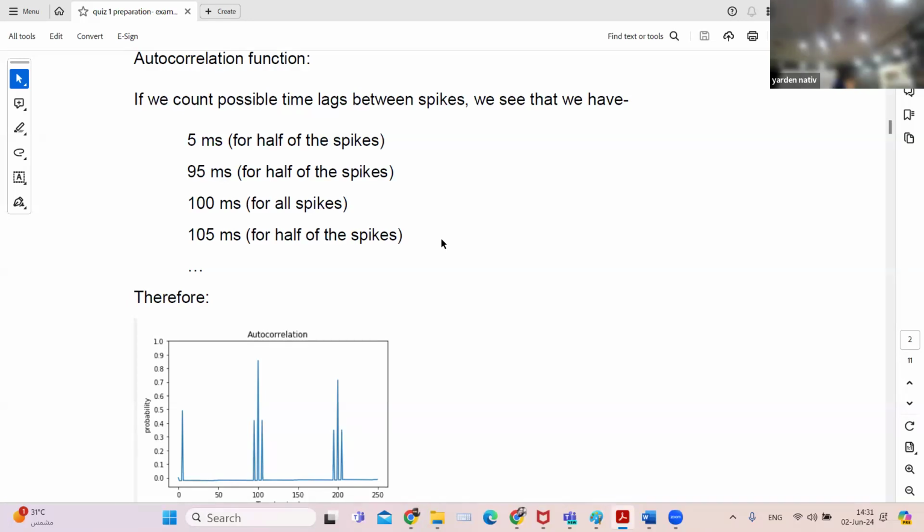To solve the question of how to normalize it to rate, this is the probability. I want to normalize it to rate, so I ask myself, how many spikes are there in 1 second?